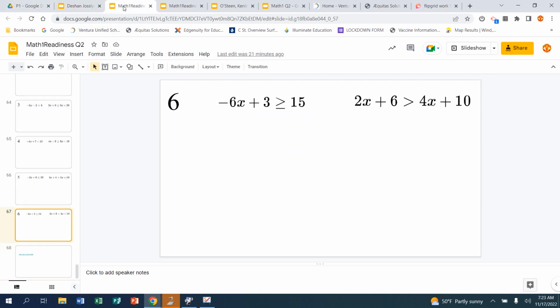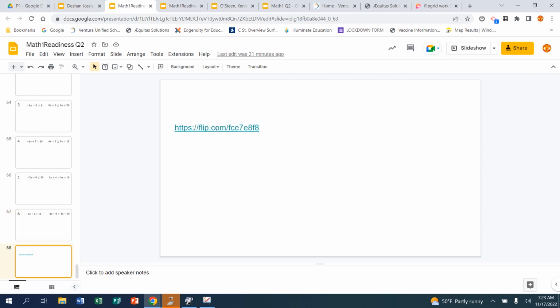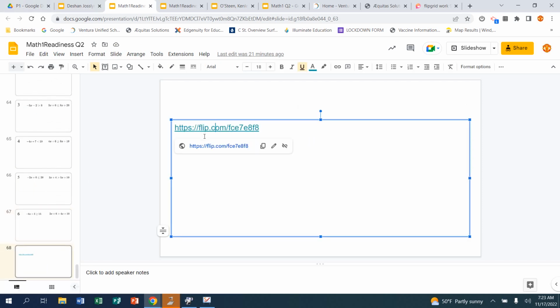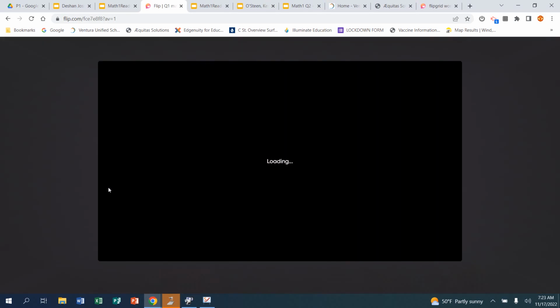I'm going to have you go to the class slides, hit this flip grid link, and let me try to demonstrate how you flip grid your screen. So you're going to click on this flip grid link that's going to be there. Add response.